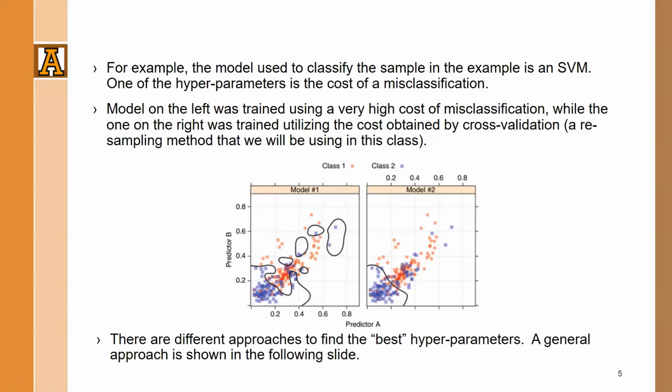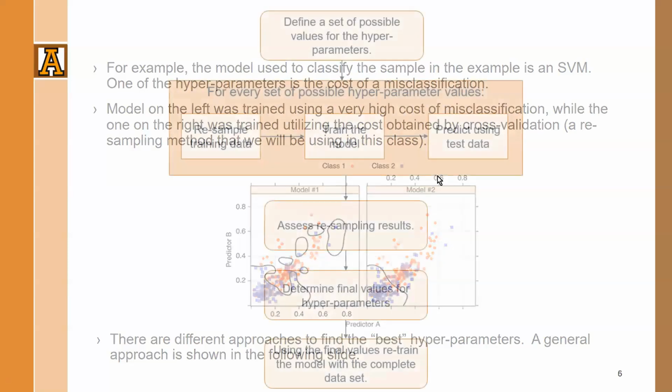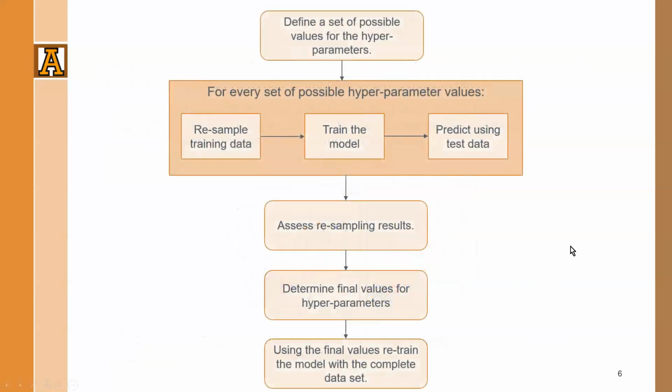Now, there are many approaches to determine the best hyperparameters. And again, we'll focus more on one procedure that we'll call cross-validation, but there are other methods to choose the hyperparameters. The process that we'll be using is, for each model that we're going to train, we first define which are the possible values of the hyperparameters.